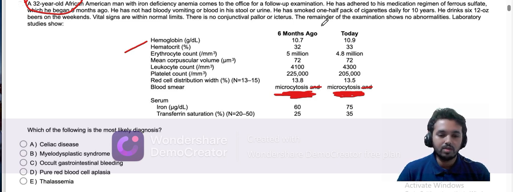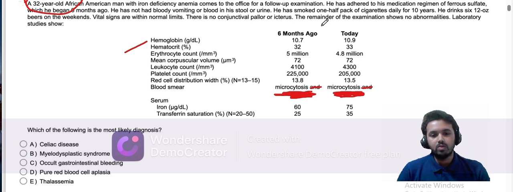Now move to the third option, occult GI bleeding. Occult GI bleeding can cause iron deficiency anemia. But the patient has already taken ferrous sulfate for 6 months. His condition is not improved, so it cannot be occult GI bleeding. Fourth option, pure red blood cell aplasia.